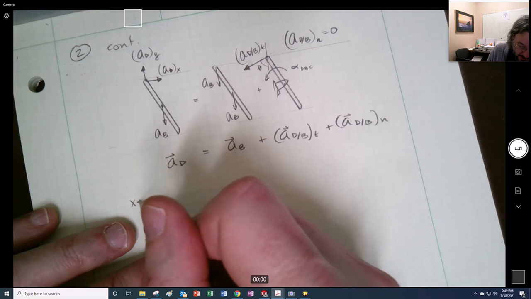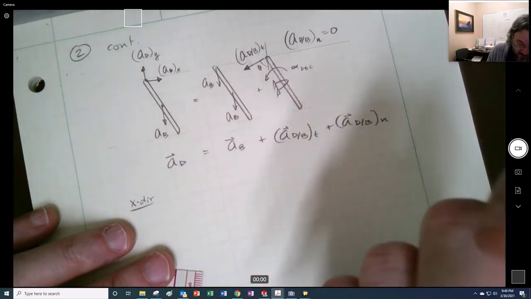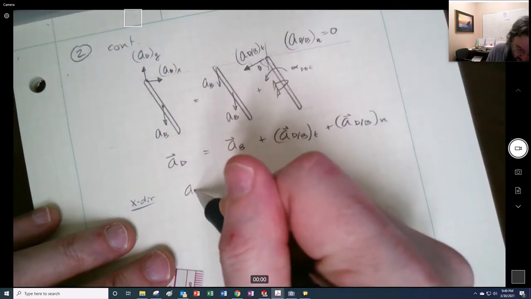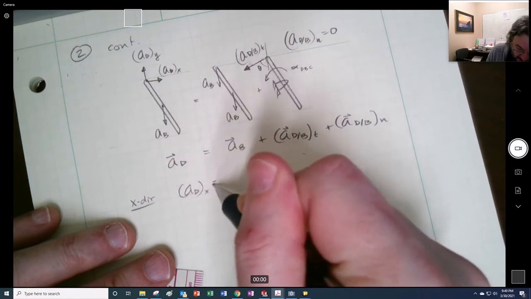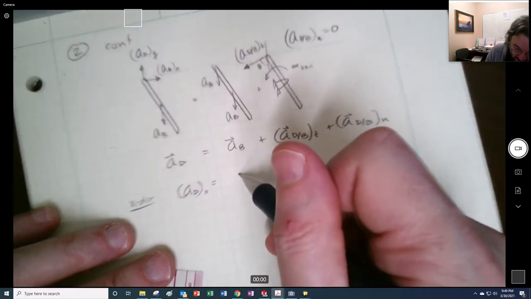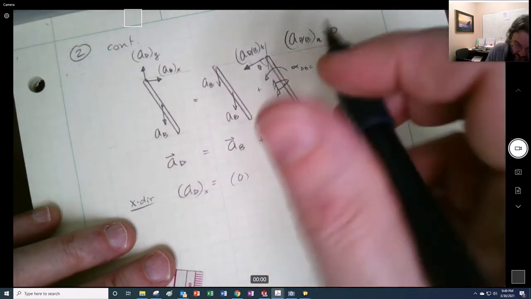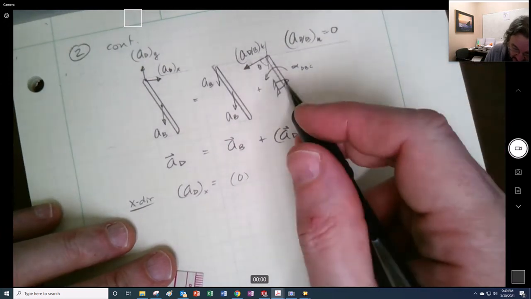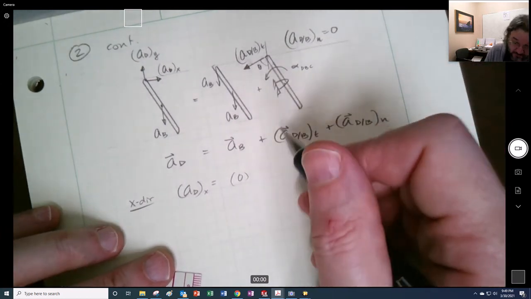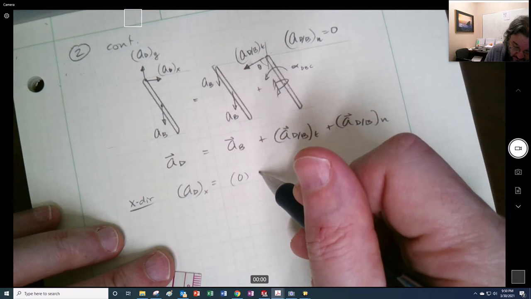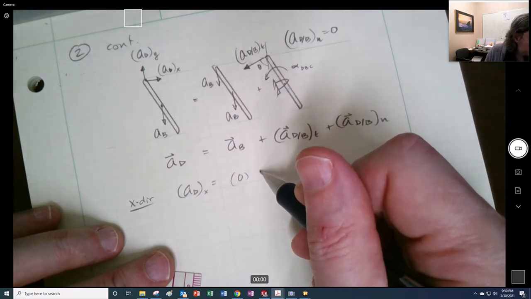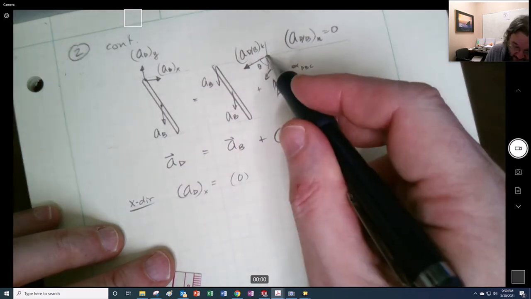And so in the x direction, I just write ADX is equal to 0 right here. And then we're going to have, what's that distance right there? It's 150 millimeters between here and here.